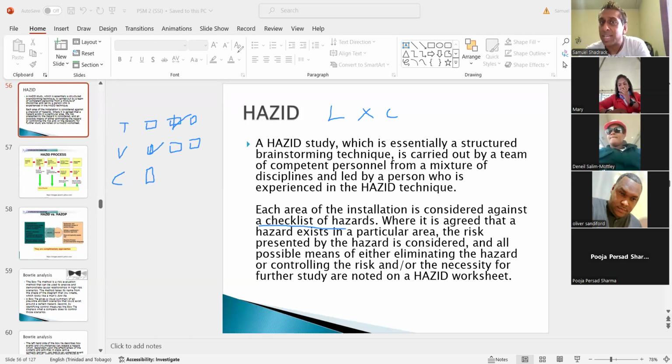See if you catch the difference in them, right? So a hazard uses a brainstorming approach, uses guide words. You kind of have to consider what if the temperature goes up, what if the temperature comes down. A hazard may start off like that, but then at the end of it, it ends up in a checklist. So that's a good way to differentiate between a hazard and a hazard.